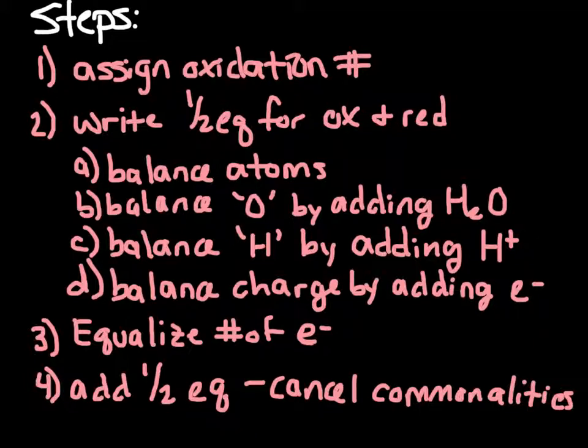D: balance your plus and minus charges by adding electrons to the appropriate side of the equation. Step 3: equalize the number of electrons for both half equations. Step 4: add the half equations together, canceling out any commonalities.